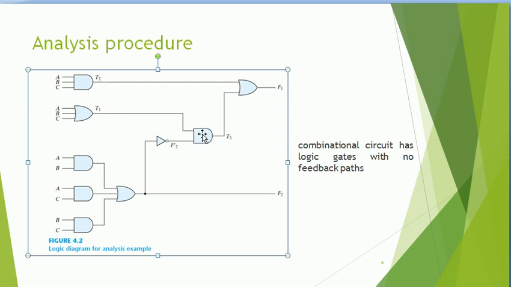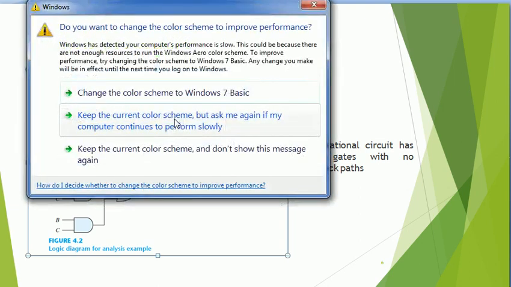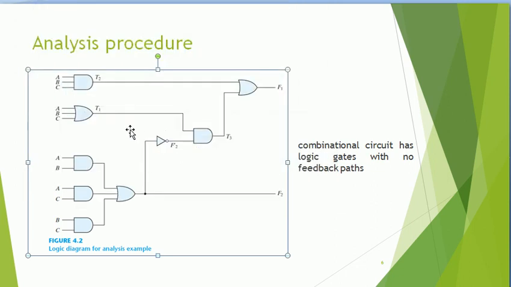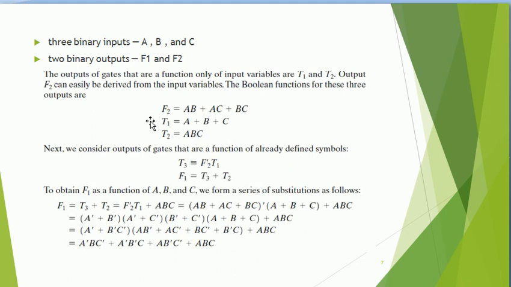T1 is given to this AND gate. Here we have an expression T3 which is equal to T1 dot F2 bar, and then this is ORed with T2. So F1 is equal to T2 plus T1 F2 bar. Likewise form the expressions and form the final Boolean expression.